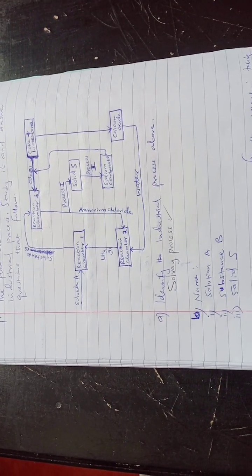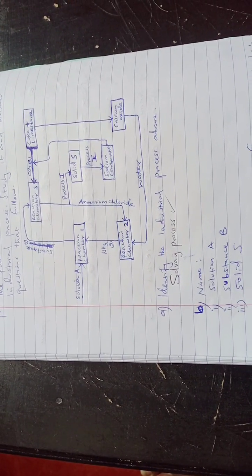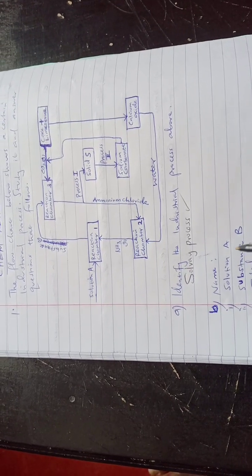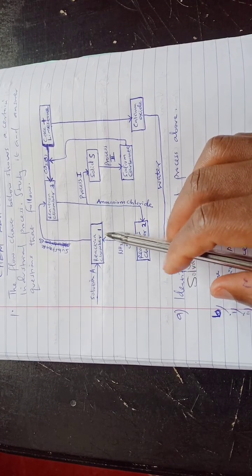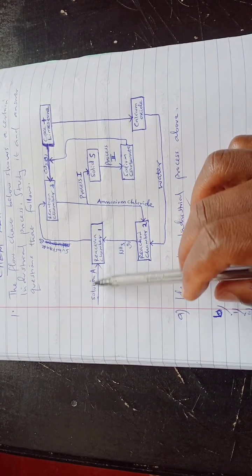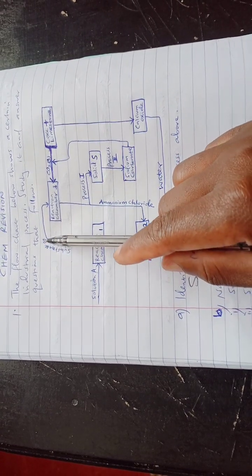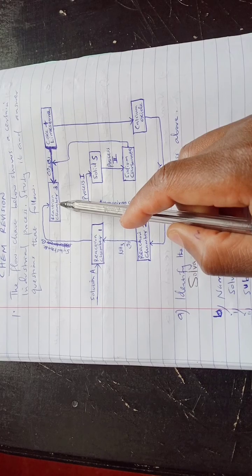The next part says you name solution A, substance B, and solid S. If you look at solution A from the flow chart, you can see this is ammonia getting in, and then solution A gets in, and then they form substance B, and then they go to reaction chamber 3.